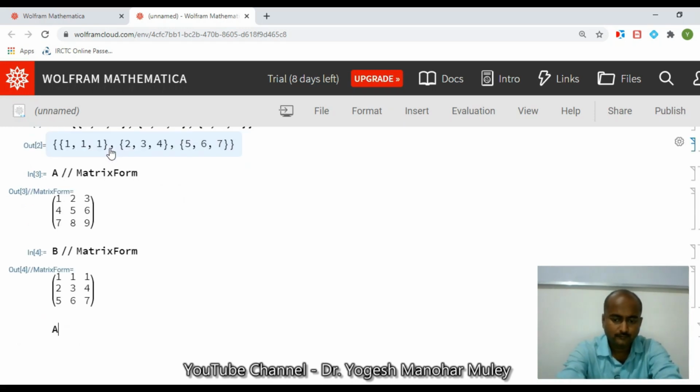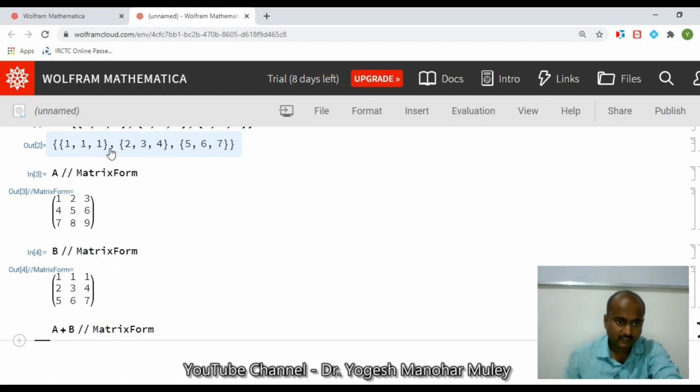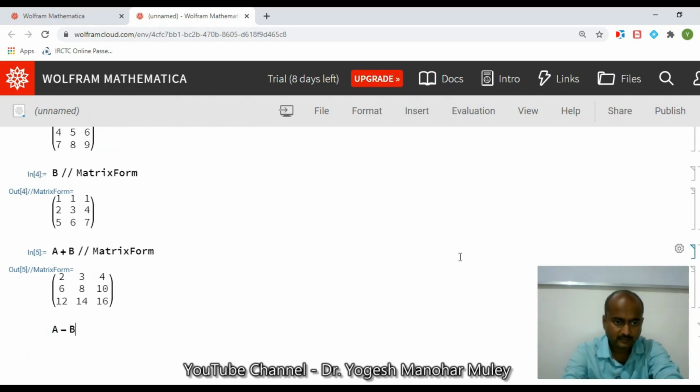Now we'll add A plus B, and after that we'll write MatrixForm. This will show the addition of the two matrices in matrix form.